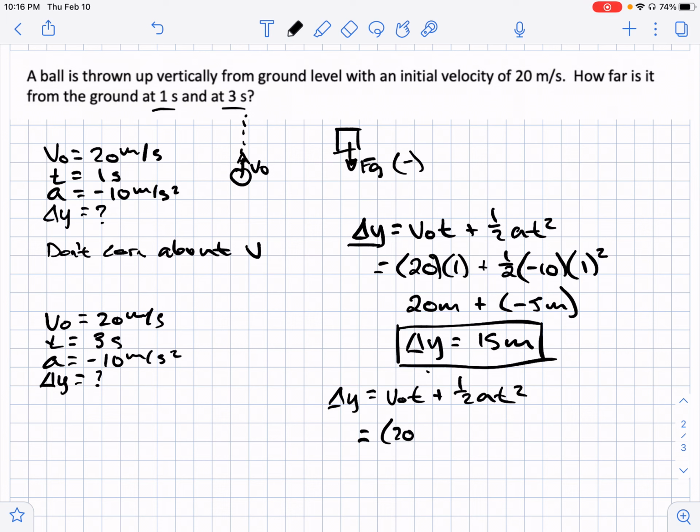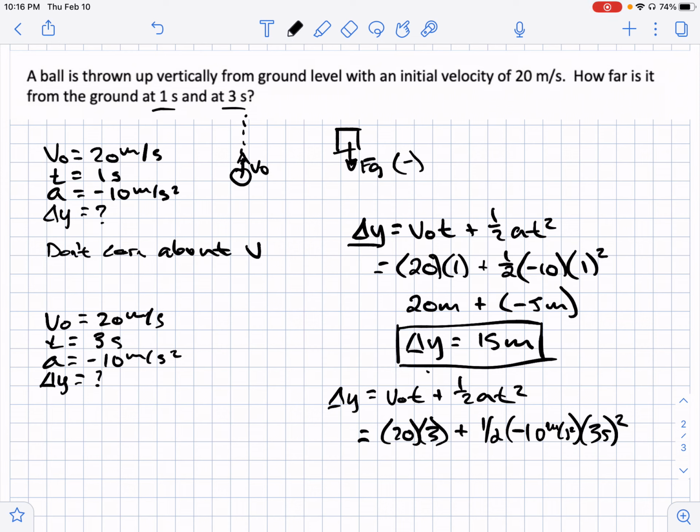So 20 meters per second times 3 seconds plus 1/2 times negative 10 meters per second squared times 3 seconds, and that's squared.